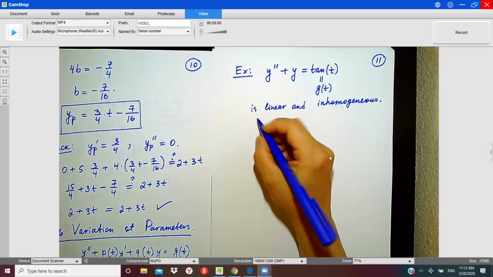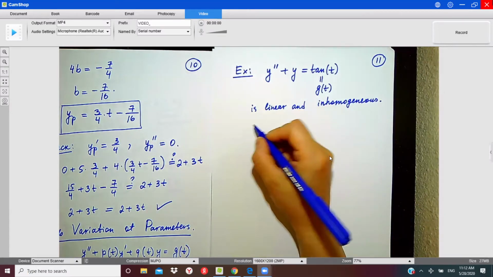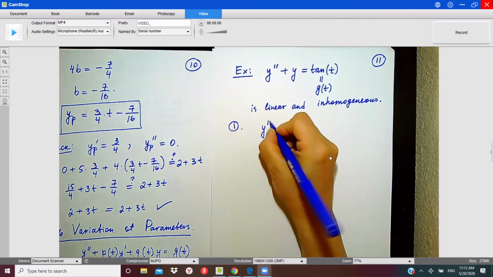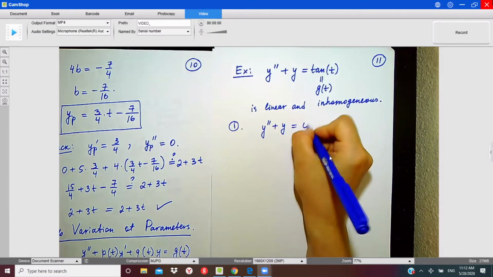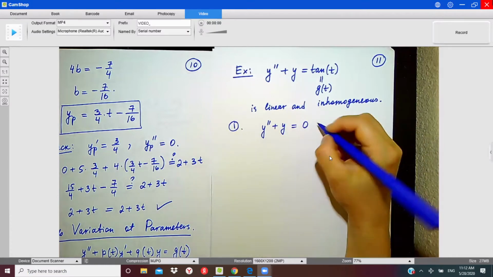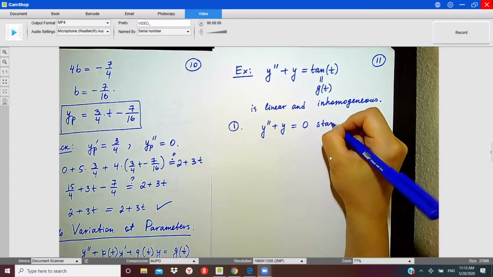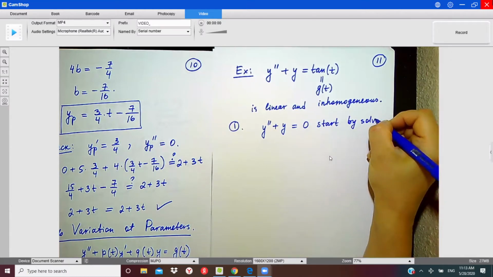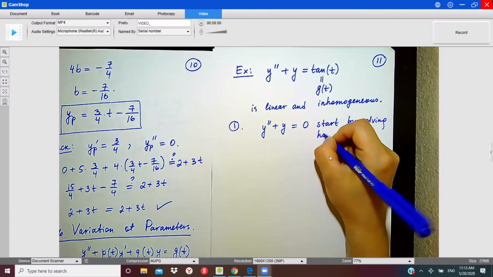All right, so we will start with the homogeneous problem. Start by solving the homogeneous problem.